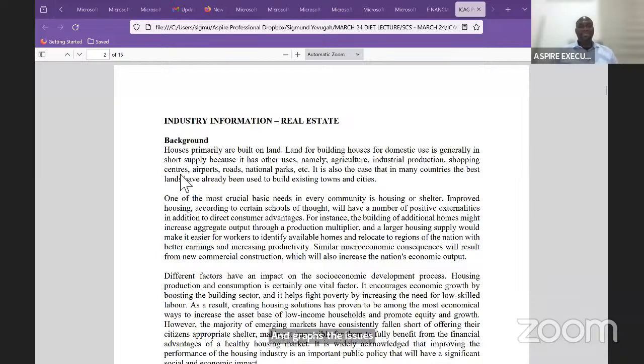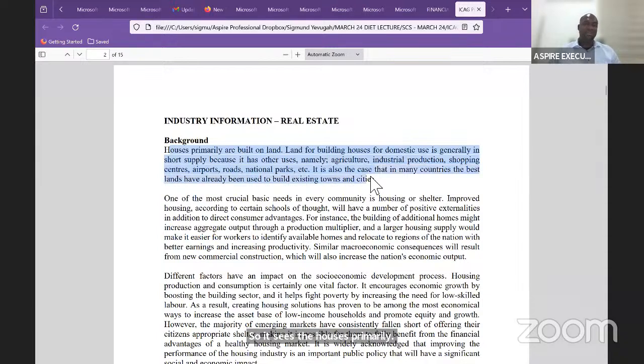So this case is on the real estate industry, a very important industry in the scheme of affairs of Ghana. The case began by giving you some industry background about the country, specifically how over the years the industry has come to where it is now. It says that houses primarily are built on land.